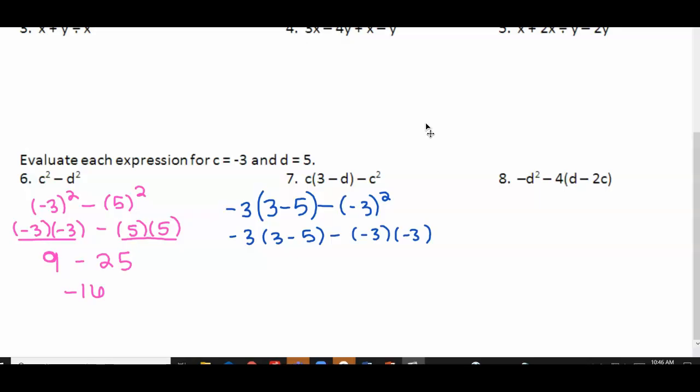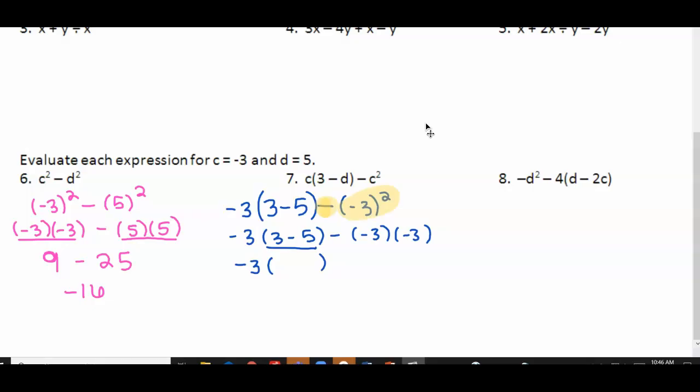And again, order of operations says that you should square before you subtract or multiply. So the order of operations says I should square that negative 3 first. That's the first thing I should do in this problem. I can also do my parentheses.